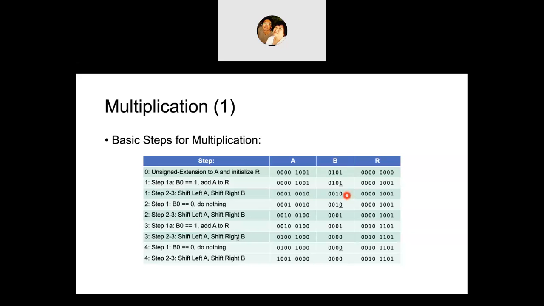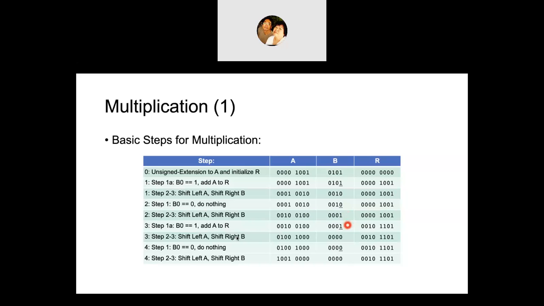In the next round, we have to check B0 again. And this time B0 is 0, so we do nothing. We skip step number 1. We go to step number 2 and number 3. So we shift left A and shift right B. When we finish shifting left A and shifting right B, we finish the second round.